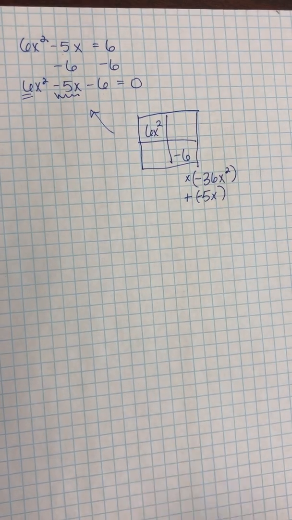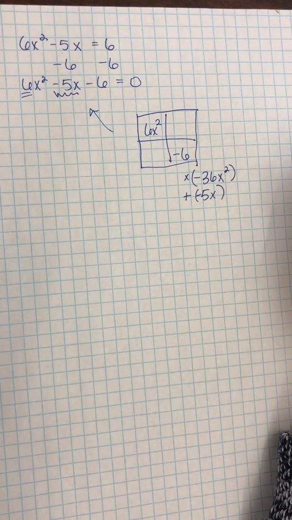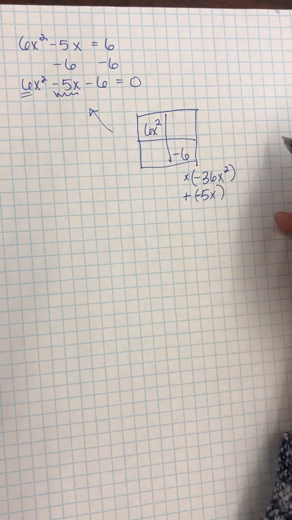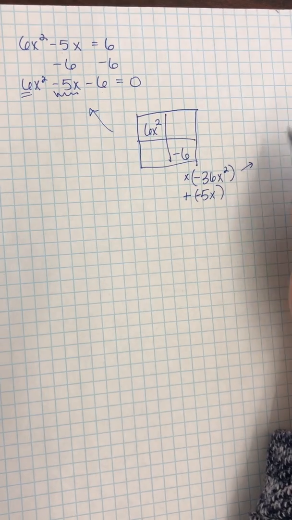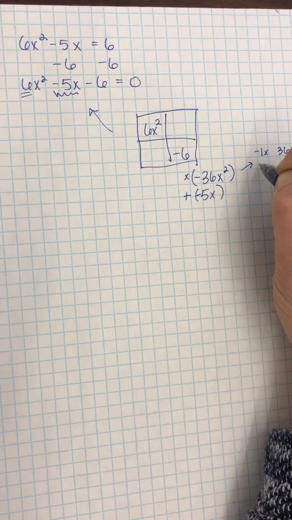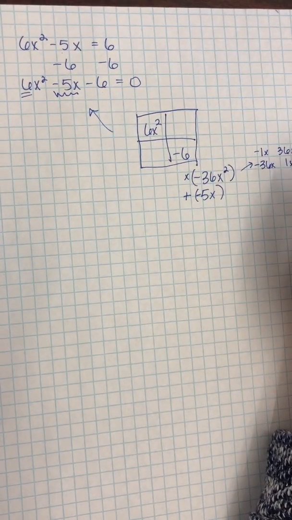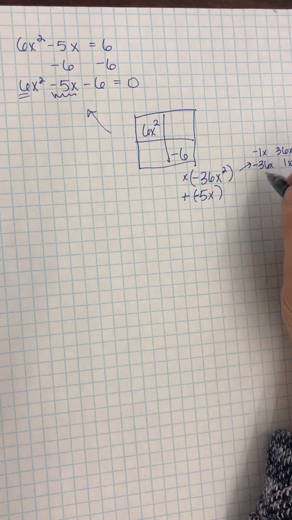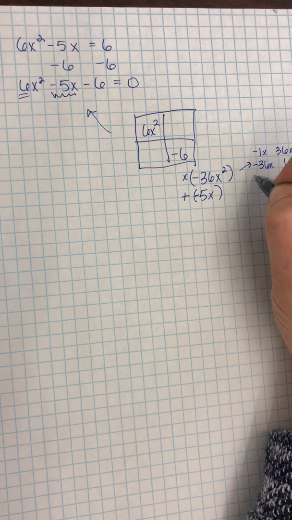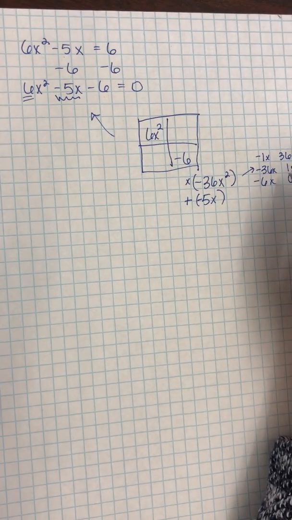So then I look at this and I start to think about the things that multiply to give me 36, and I'm like, oh, okay, what's going to work here? So I'm going to think of all those things. So negative 1x and 36x, negative 36x and 1x. Let's see, negative 6x and 6x, and then vice versa, obviously.